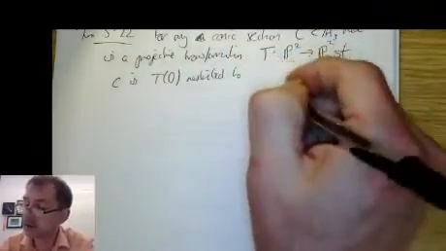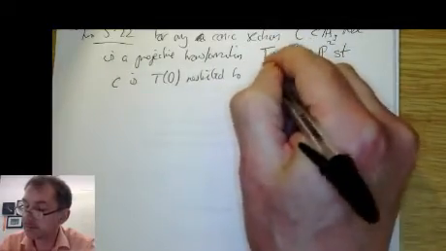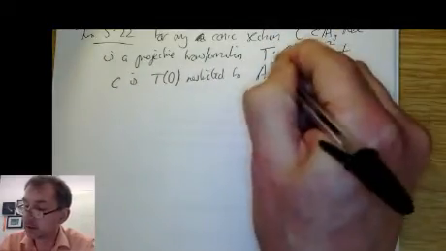So we're taking a thing starting in the third affine chart, so that C is TD restricted to this third affine chart.